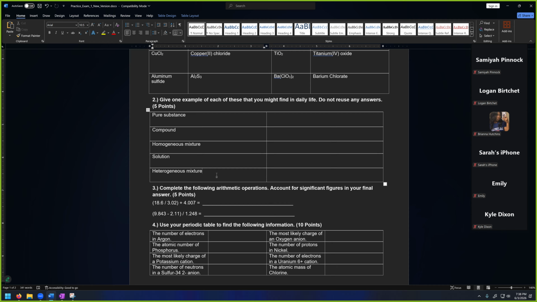So H2O, water, is a great example of a pure substance. You could also include sugar as an example of a pure substance. You could include oxygen as an example of a pure substance. So they can be elements, they can be compounds, they could be ionic, they could be molecular. Any of that is fine. What you can't do for a pure substance is have any mixtures.